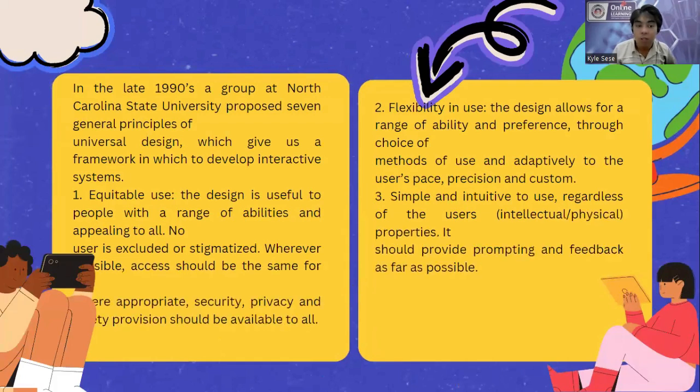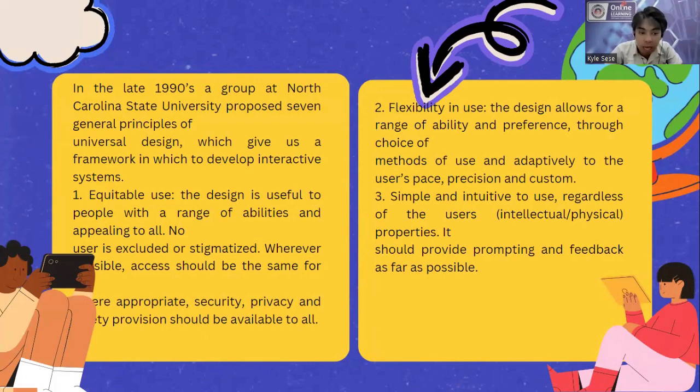In the late 1990s, a group at North Carolina State University proposed seven general principles of universal design, which give us a framework in which to develop interactive systems. First is what we call equitable use. The design is useful to people with a range of abilities and appealing to all.